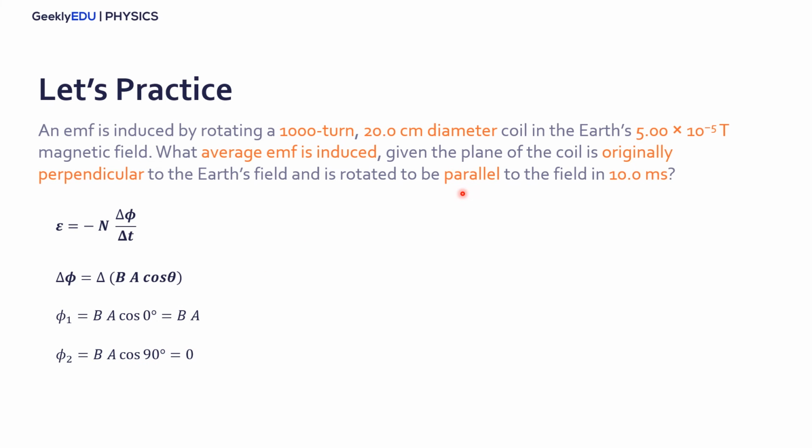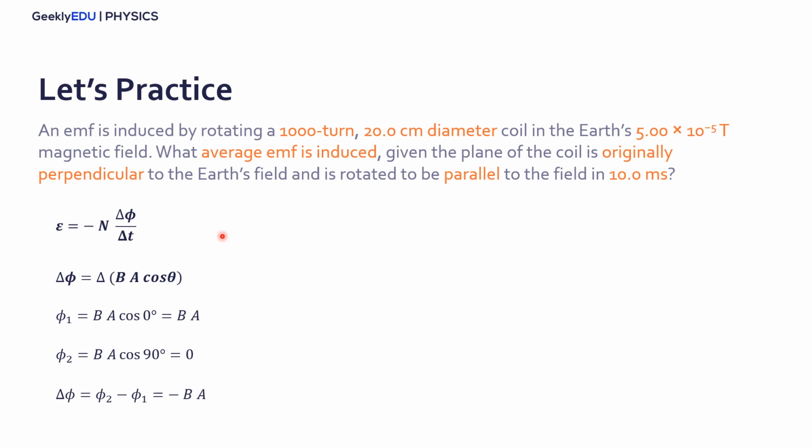The cosine of 90 is 0, so everything here is 0. So the magnetic flux in the second moment, after 10 milliseconds, is 0. So the change in the magnetic flux would be the second moment minus the first moment, and it would be negative the magnetic field strength times the area of the coil.